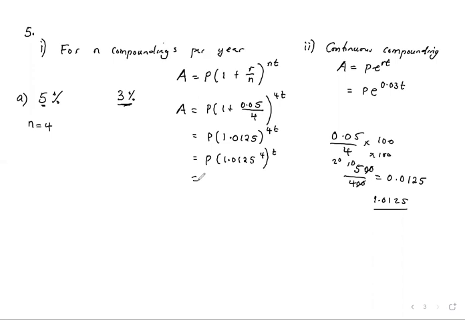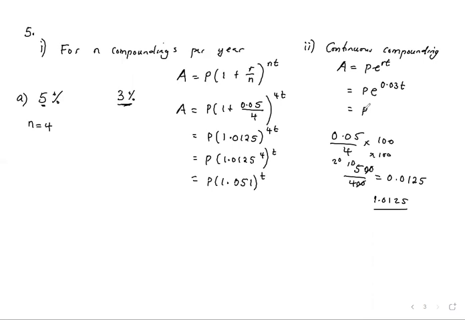But it should not confuse you. Power 4. So you get P(1.051)^T. Then you go that side and calculate also P.